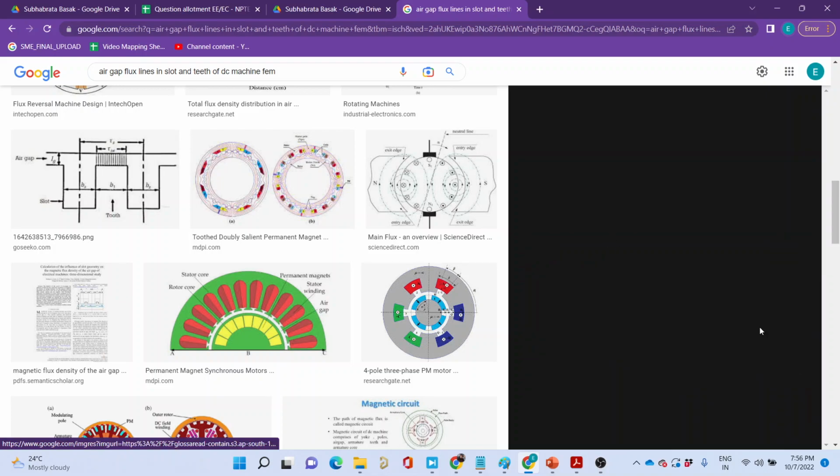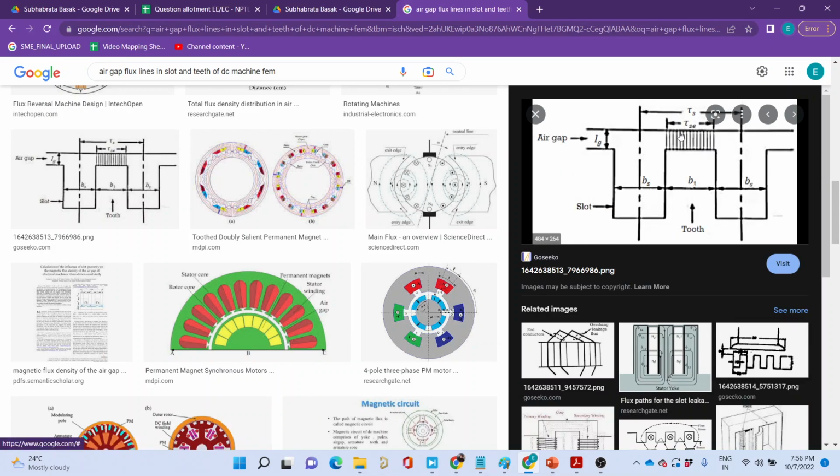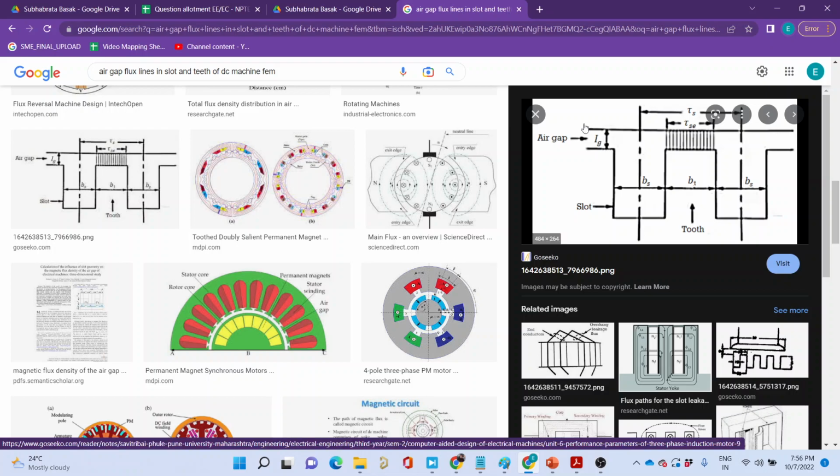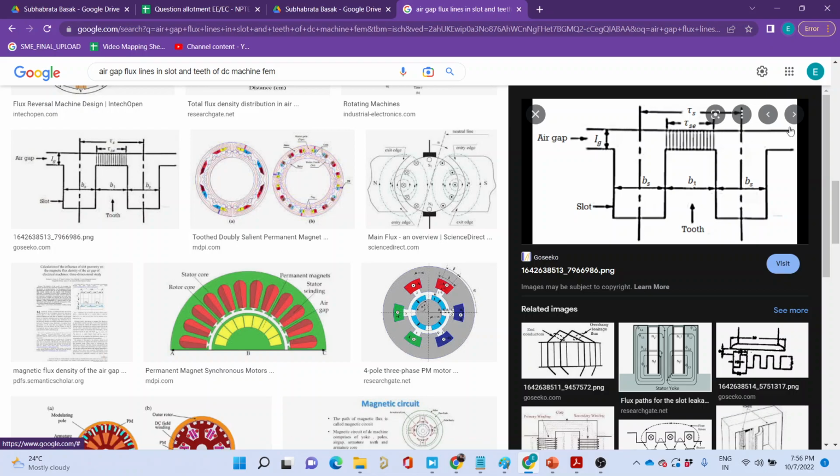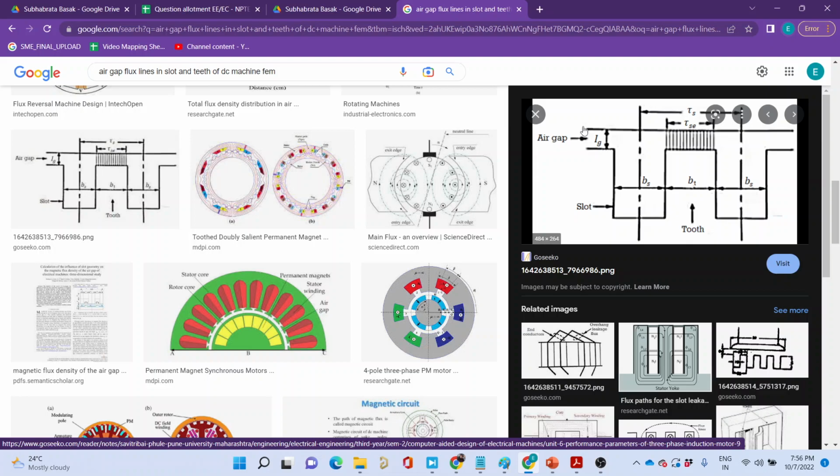Draw a picture like this. Draw a picture that this entire thing is the North Pole. This entire thing is a pole. So north or south, whatever you like, you just place it. You draw the flux lines produced by this North Pole alone. In the second picture, you place conductors in these slots, either dot or cross, whatever you feel.